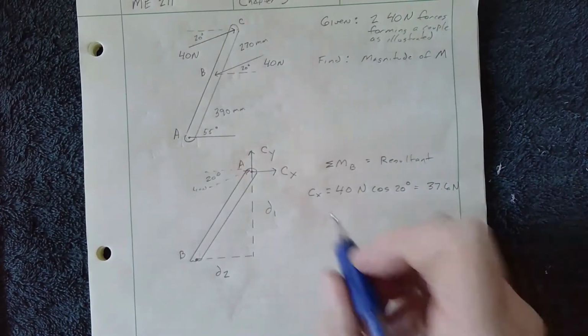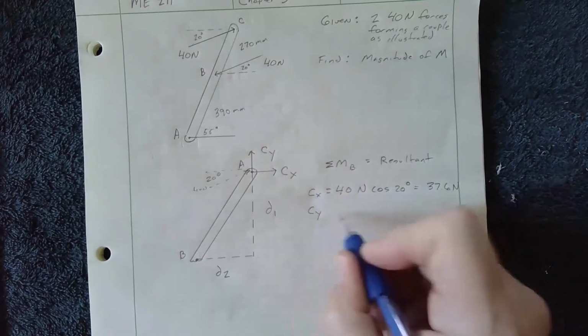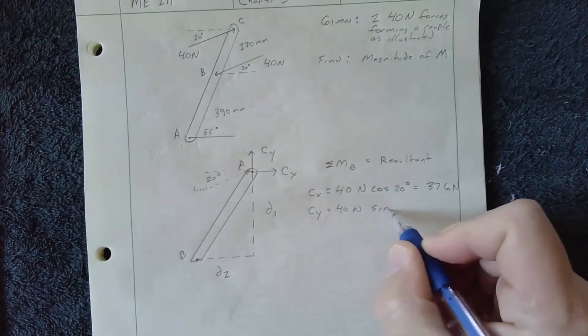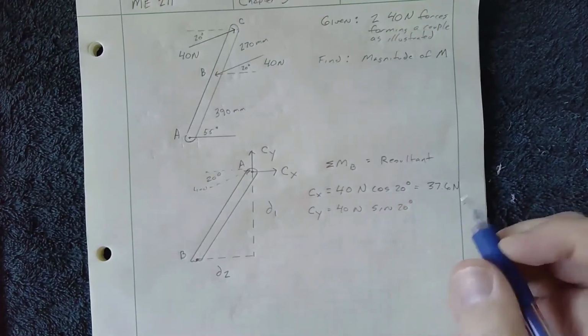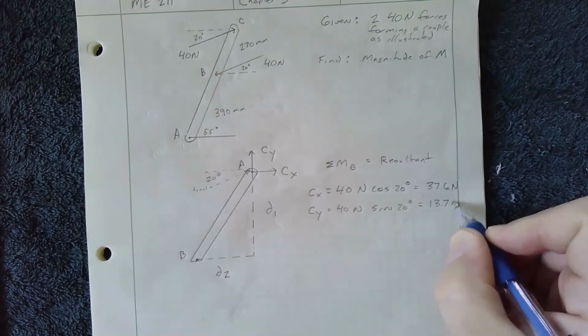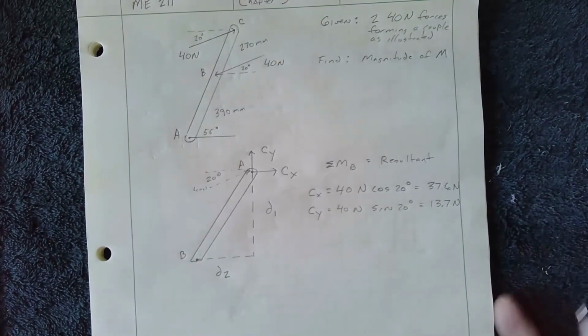Then I'm going to do the same thing for Cy. That's 40 newtons times sine of 20 degrees, which gives me a value of 13.7 newtons. I won't worry about sig figs at this point.